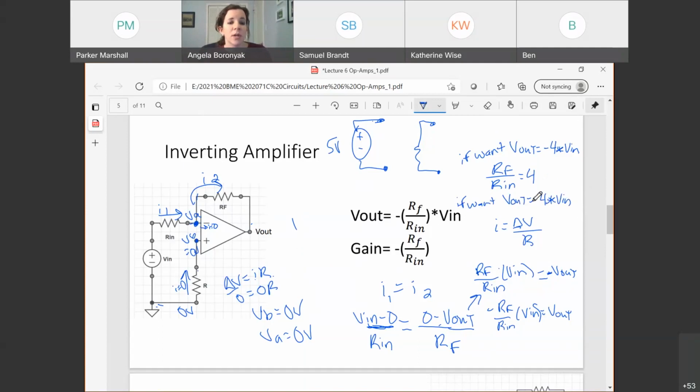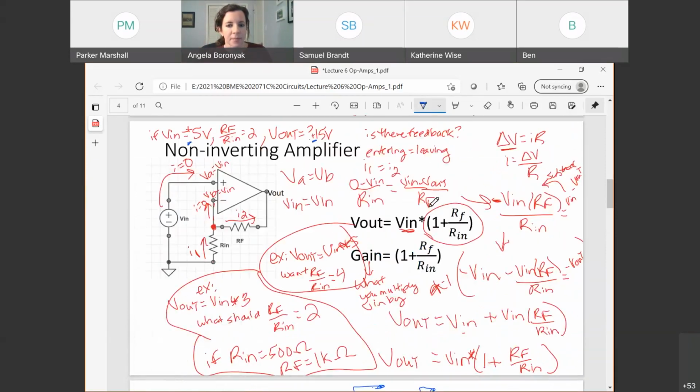No, good. The ratio can't be negative. There's no such thing as negative resistance. Okay, so this guy's an inverting amplifier. Why? Because he takes a voltage in, and no matter what, he's going to invert or flip the sign compared to my output. If I start with positive 2 volts in, and I multiply by -4, I'll get -8 out. Flipped signs.